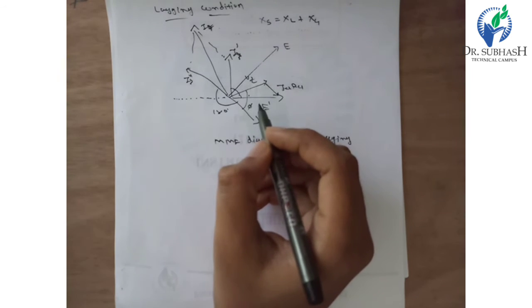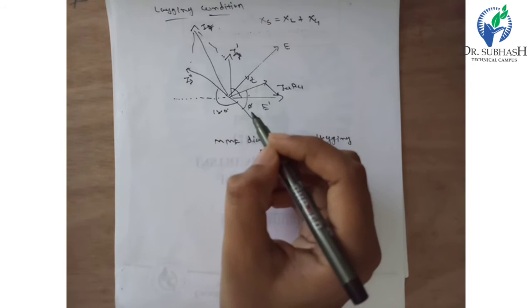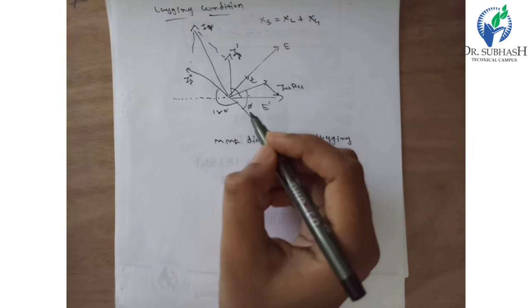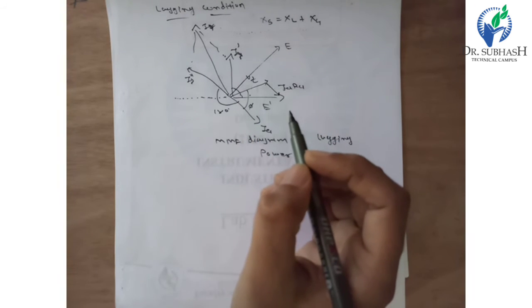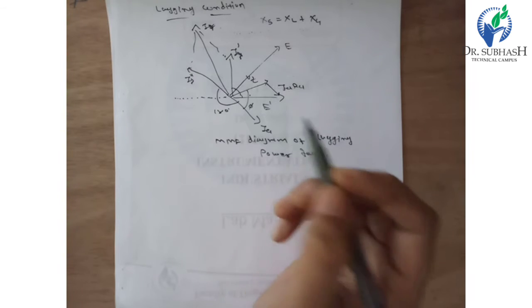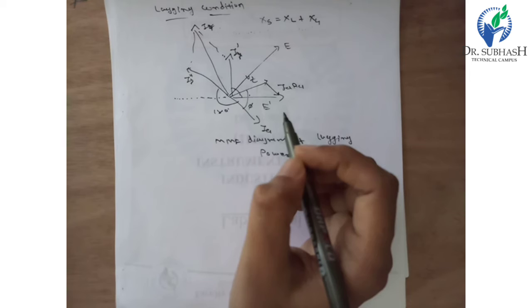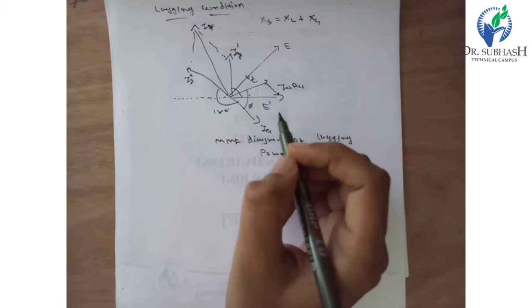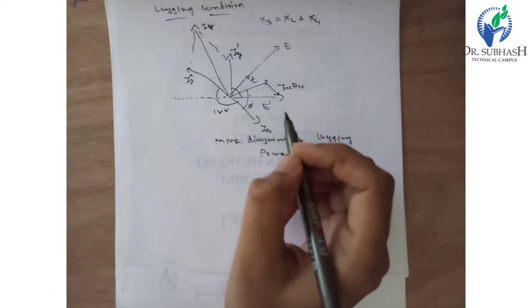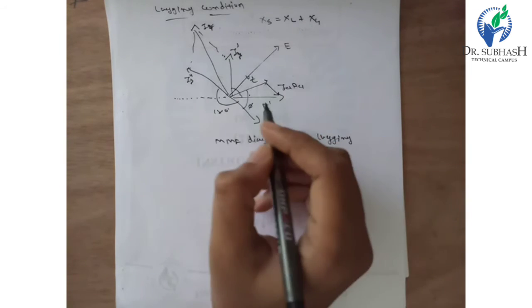The next point for this diagram is again from the open circuit characteristics, and the magnitude of the EMF corresponding to this field current can be found. This EMF is lagged by 90 degrees. Once the EMF and the terminal voltage are known, the voltage regulation can be found by this equation.